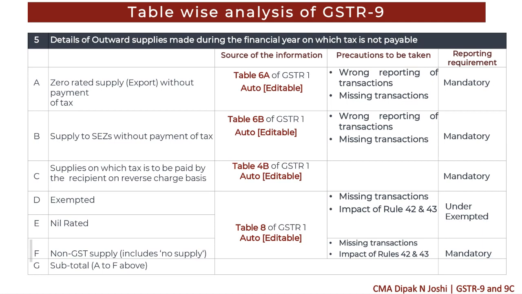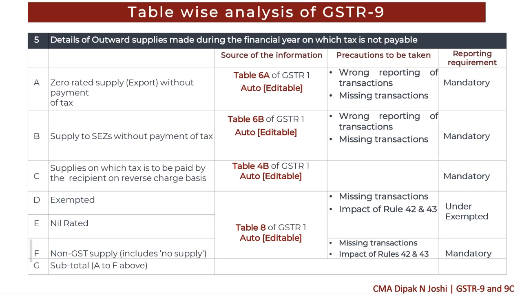Now, if there is wrong reporting of a transaction, that is, supply to SEZ without payment of tax is considered in supply with payment of tax, one can transfer that amount from with payment to without payment. But the ideal way is to amend such a transaction in GSTR 1 and make the necessary correction in GSTR 9. If there is any missing transaction as far as SEZ supply is concerned, you can report such a transaction in GSTR 9.